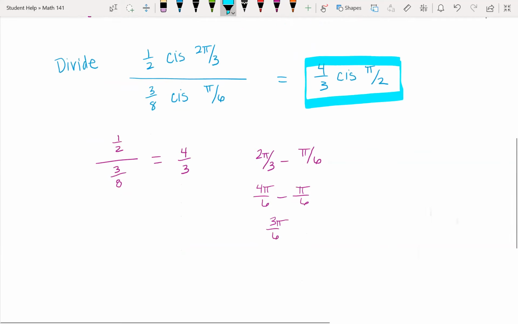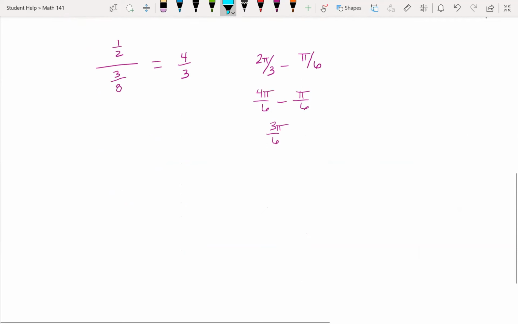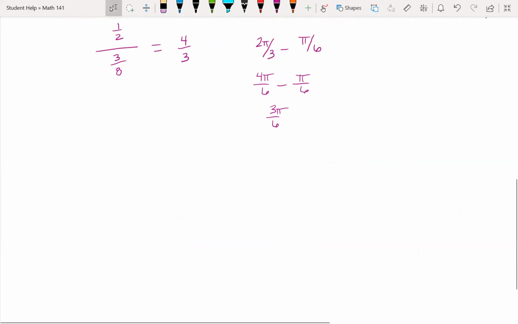Now, I kind of referenced that the time that this is really useful is when we're raising a trigonometric number to a power. So if I had a number like, let me draw a line here just to kind of denote something different.